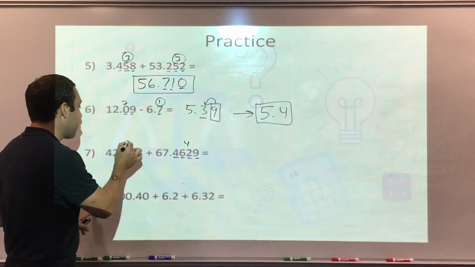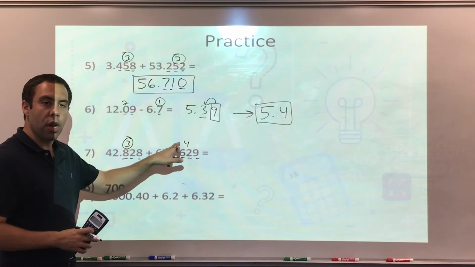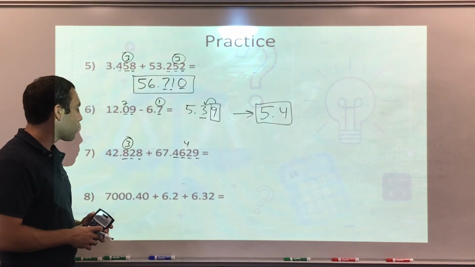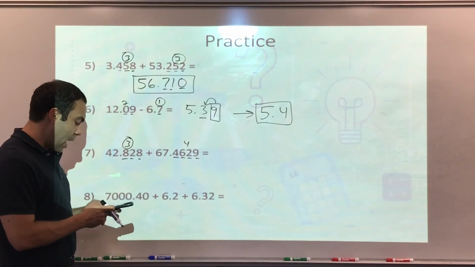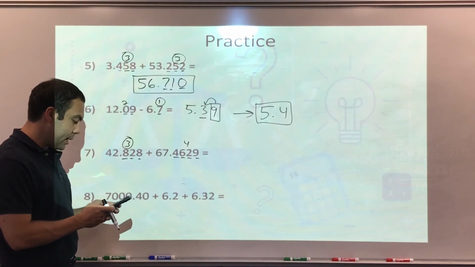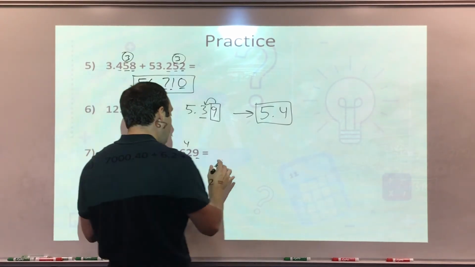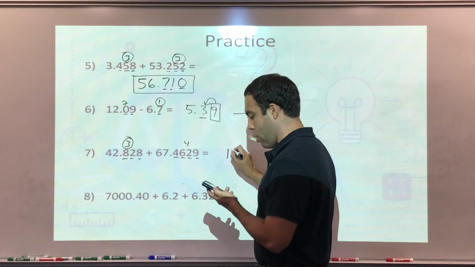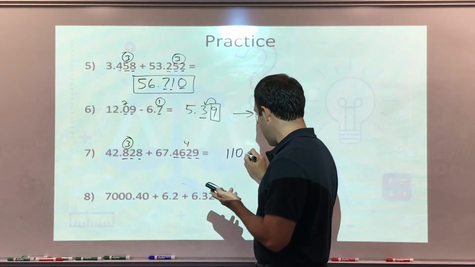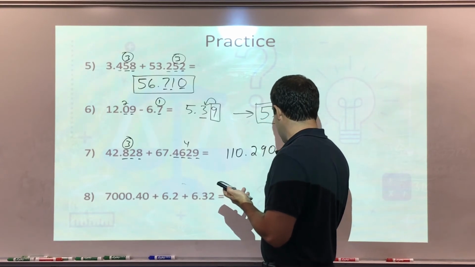This answer will be rounded to 3 decimal places because 3 is a smaller number than 4. Our next step, let's add them together. 42.828 plus 67.4629. Write down every number that you get in your calculator. That's going to equal 110.2909.